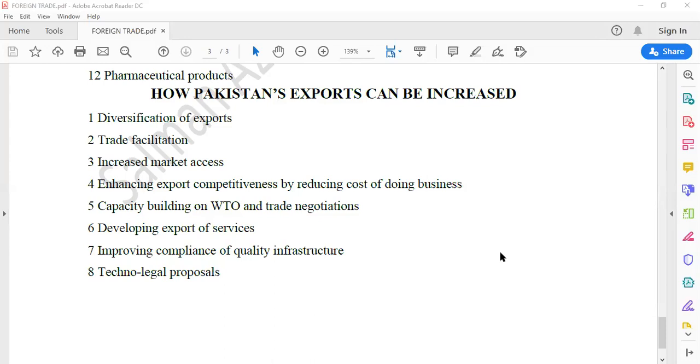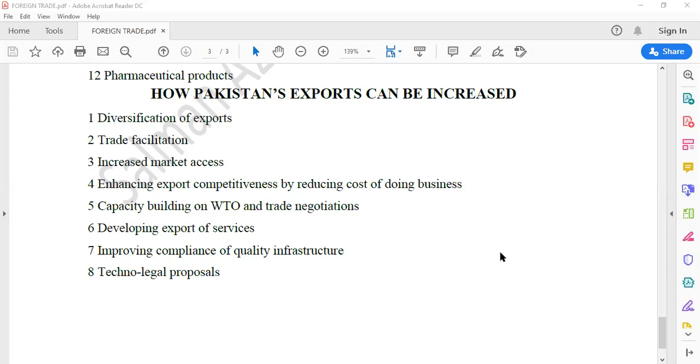There are some trade negotiations which can be done based upon how much Pakistan can export, how much Pakistan can import, what benefits Pakistan can get out of the trade, what benefits Pakistan can have from WTO, what are the benefits other countries can have from Pakistan, and so on. These are all the trade negotiations which are taken care of by WTO.